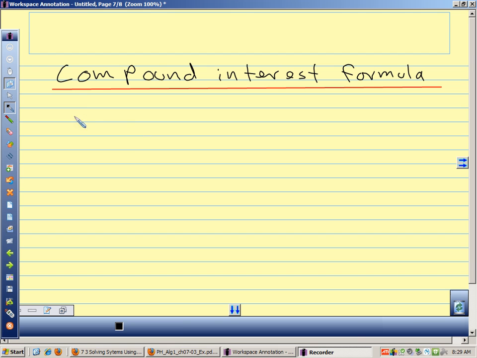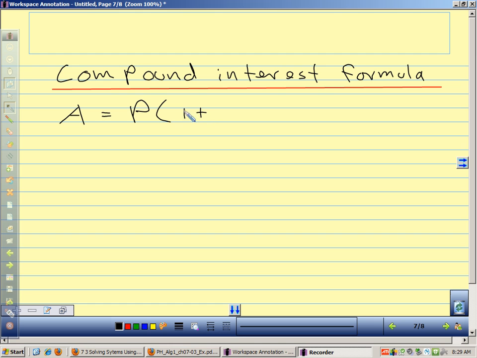A, our amount, equals P times 1 plus r over n, to the nt. A is the amount. P equals the principal, the amount we start with.